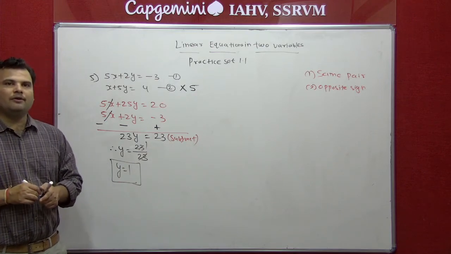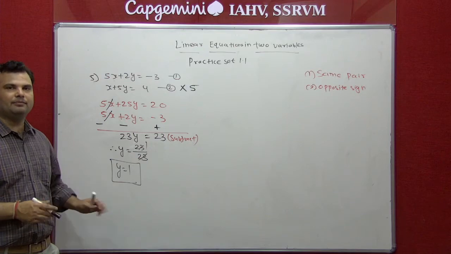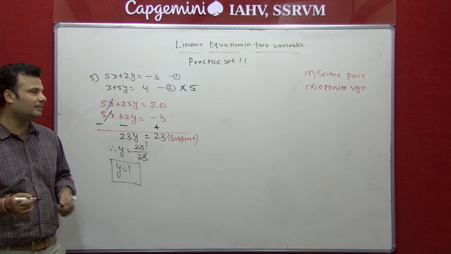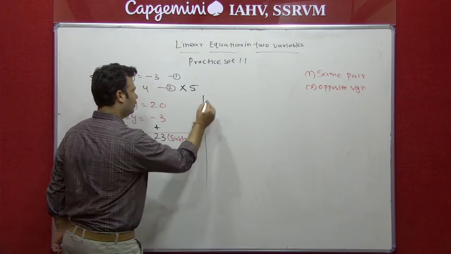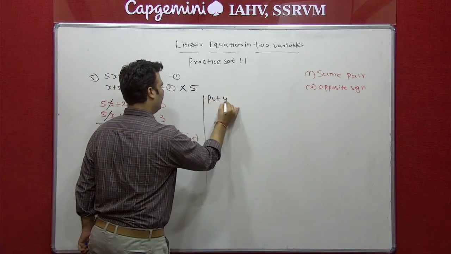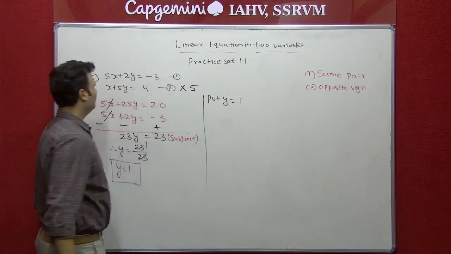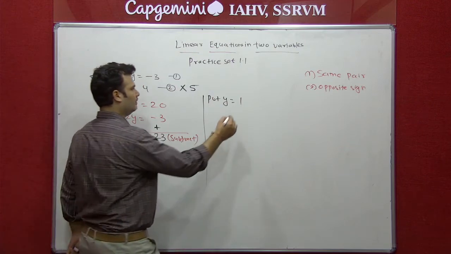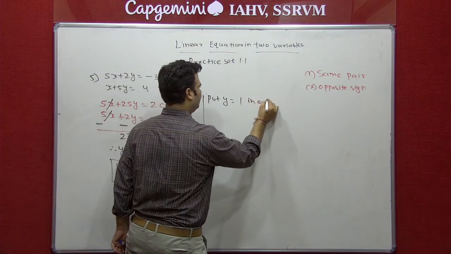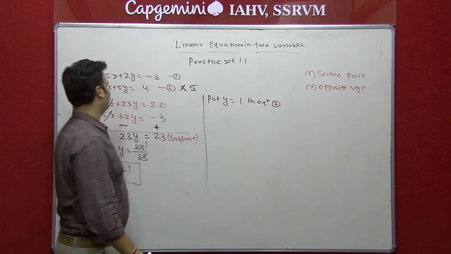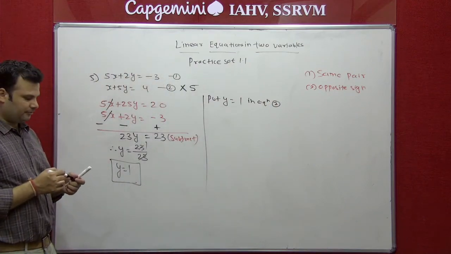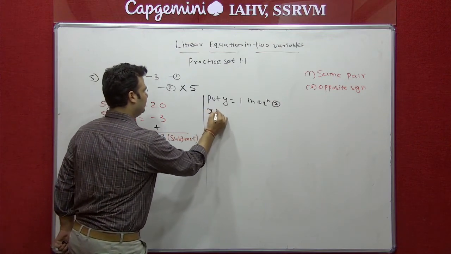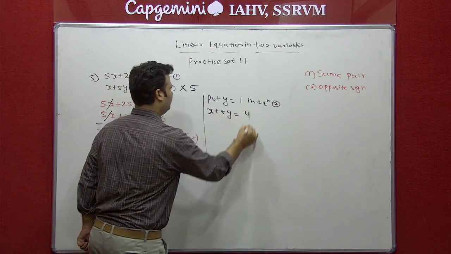Now we have one variable, that is y, and we want to find the value of x. So we can do one thing. Put y equal to 1 in equation number 2. What is equation 2? x plus 5y equal to 4.